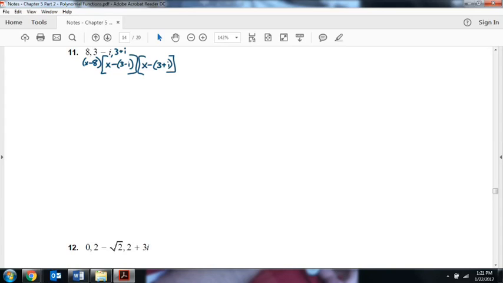Okay? So I basically treated this as like one big number. I did x minus that number. And I did this one, x minus that whole number. All right, same idea. So I've got f of x equals that. So here we go, f of x equals x minus 8.